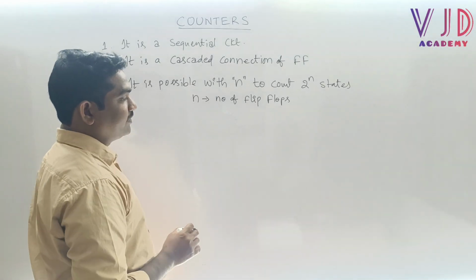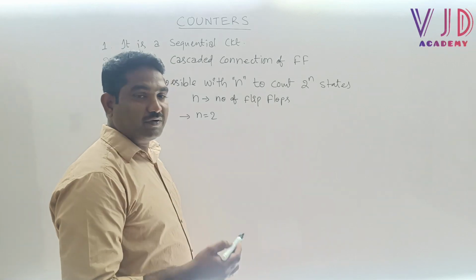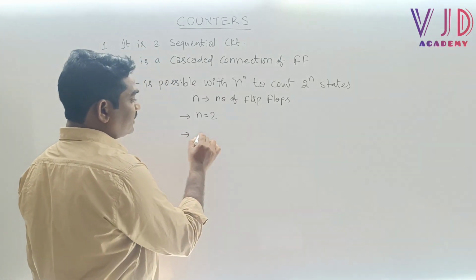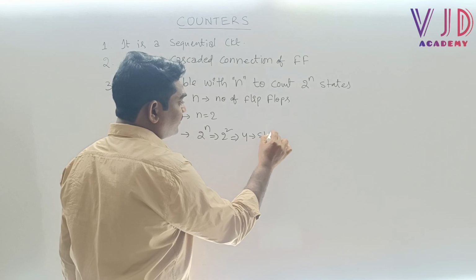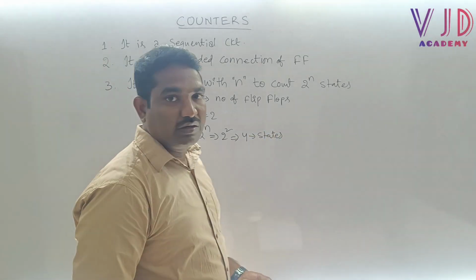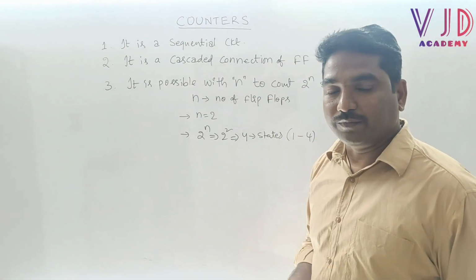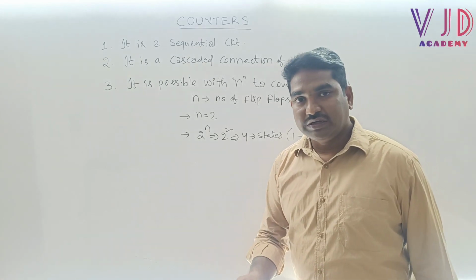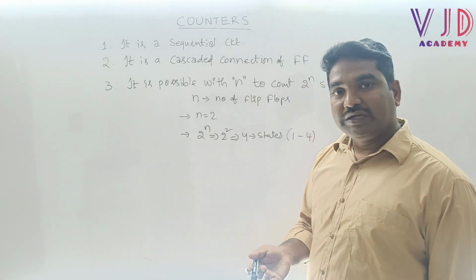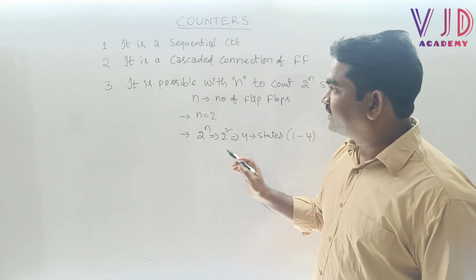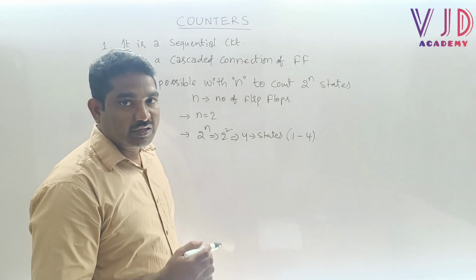Suppose n equals 2, which means we are taking 2 flip-flops. Then 2 power n means 2 squared, so we can count 4 states, which means 1 to 4 states. We can count 1, 2, 3 and even 4. If it is a down counter, we can count 4, 3, 2, 1. This is the meaning of the third point: it is possible with n flip-flops to count 2 power n states.